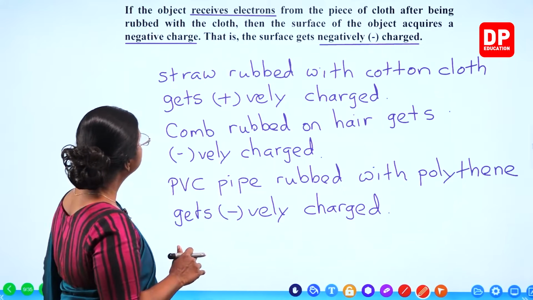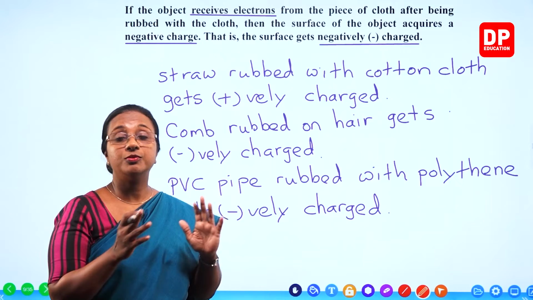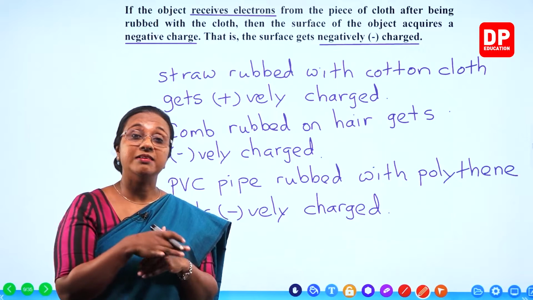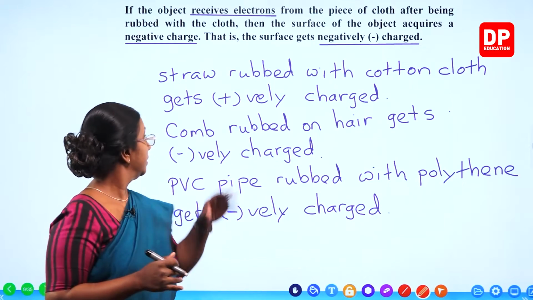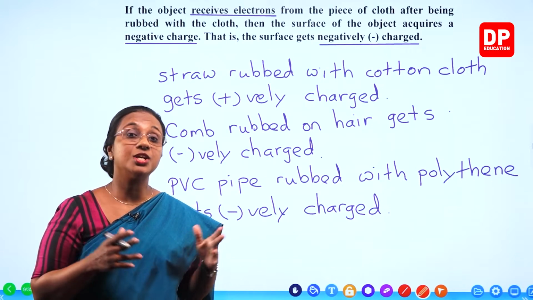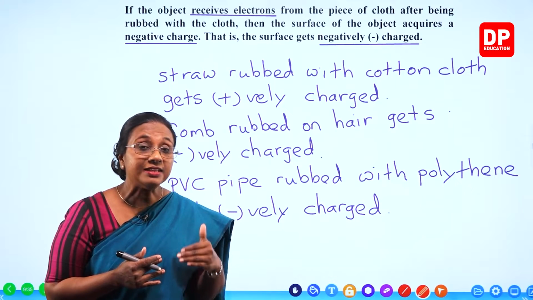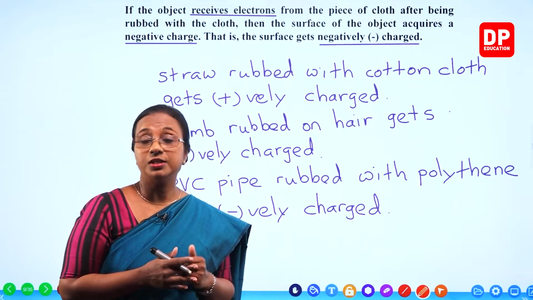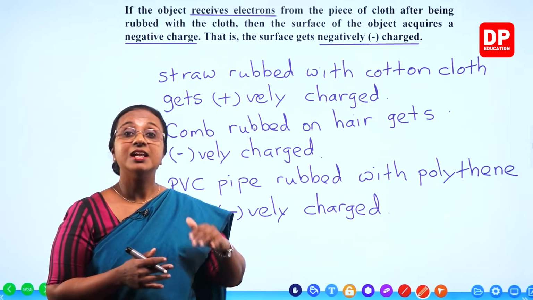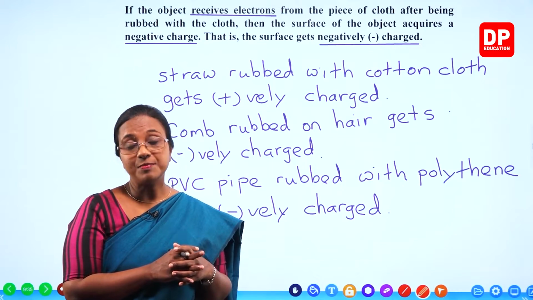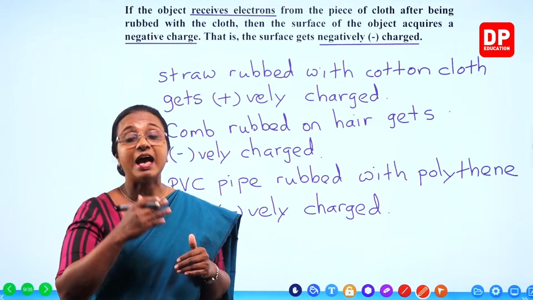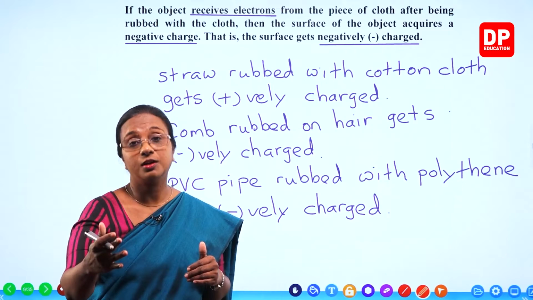So this is how charge flows from one object to another object or one surface to another surface when one object is being rubbed with another material. When you rub a straw with cotton cloth, it gets positively charged. Then what happens? The electrons from the straw flow to the cotton cloth. That is why the surface of the straw becomes positively charged. Fewer electrons and the same number of protons remain inside the nucleus of the atom, but the electrons have moved from the straw to the cloth.